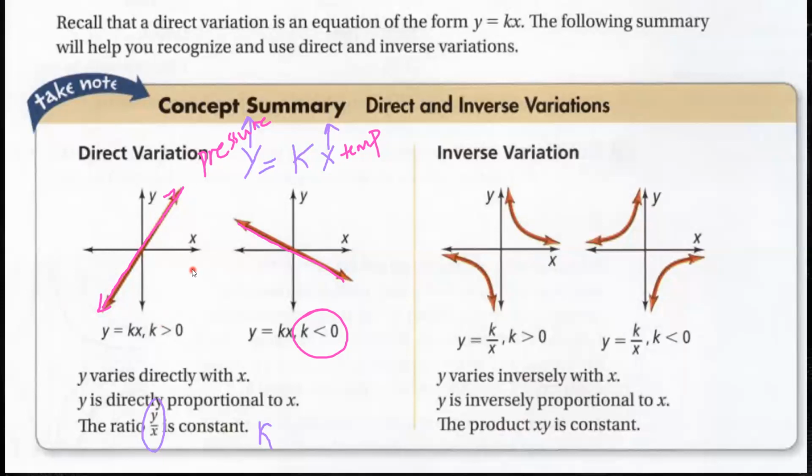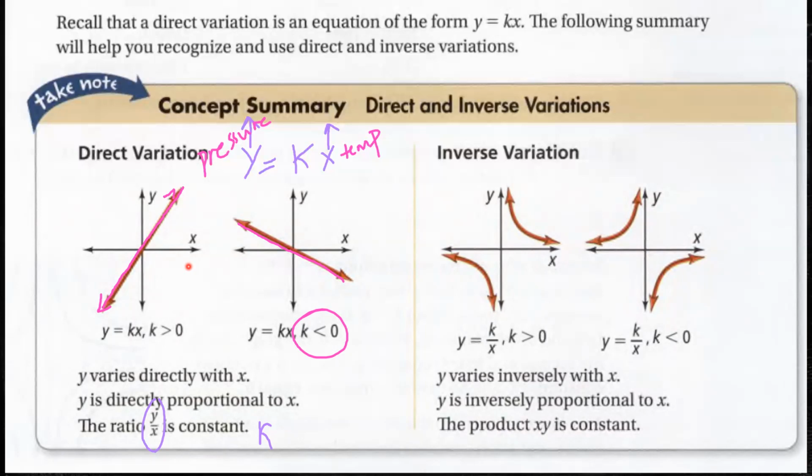And if k is less than 0, the graph will be in the second and the fourth quadrant. It will be a line, and it must intercept the axes. The equation is y equals k times x, and the ratio of y to x is k.